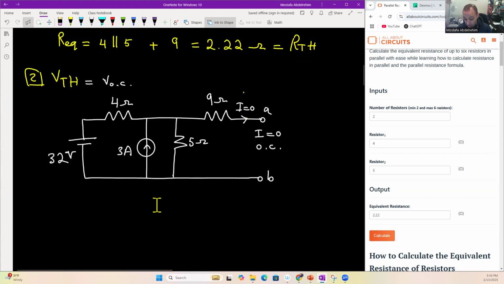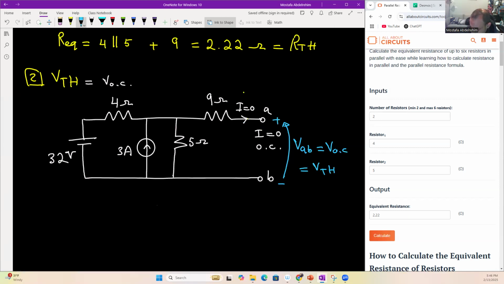Now for V Thevenin, we have to assume it's open circuit. So there is open circuit now, and V open circuit, which is this voltage here, is between A and B. I'm going to consider A positive and B negative. So VAB is our V open circuit, our V Thevenin. Once we find that, we can find the load current.